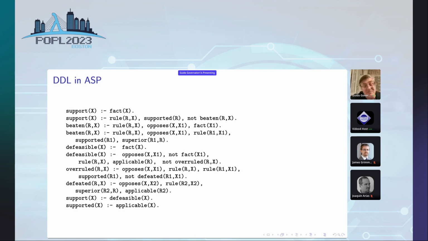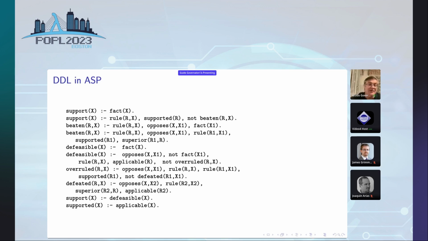There are probably another 10 additional clauses to handle the deontic part. When you have those two, you can use support and beaten, and define both the ambiguity blocking and the ambiguity propagation versions.